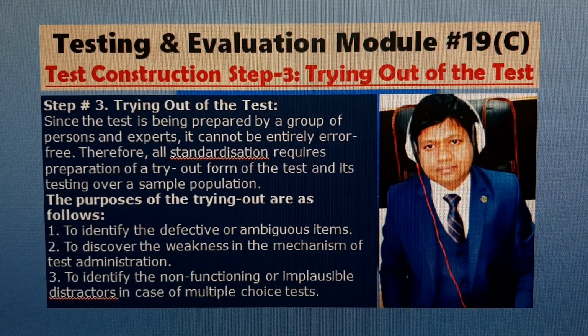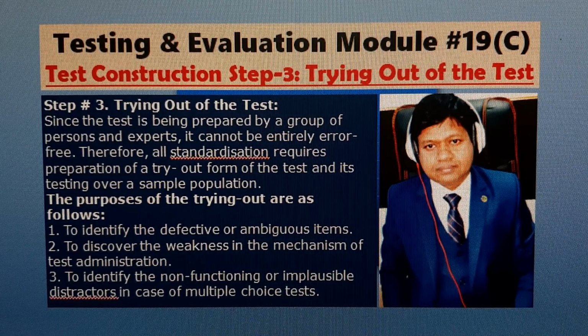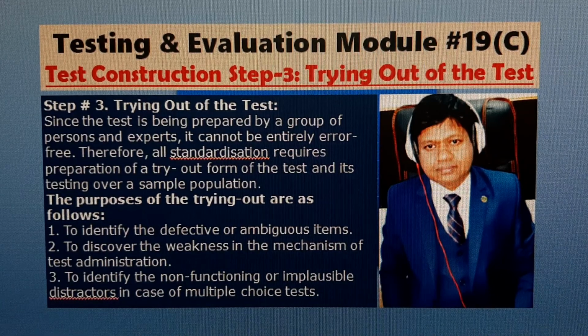The purposes of the trying out are as follows. Number 1. To identify the defective or ambiguous items. Number 2. To discover the weaknesses in the mechanism of test administration. Number 3. To identify the non-functioning or implausible distractors in case of multiple choice tests. Number 4. To provide data for determining the difficulty level of items.